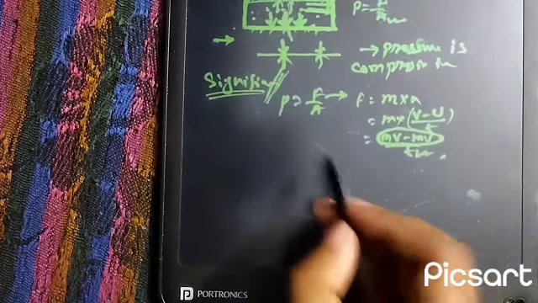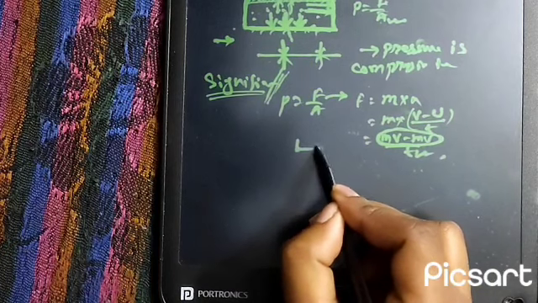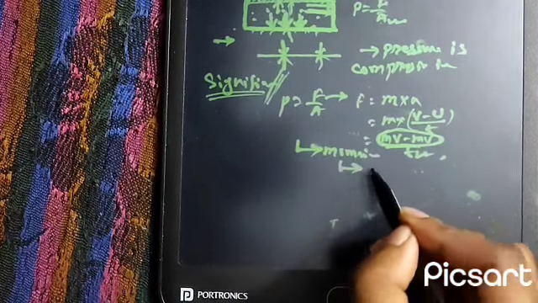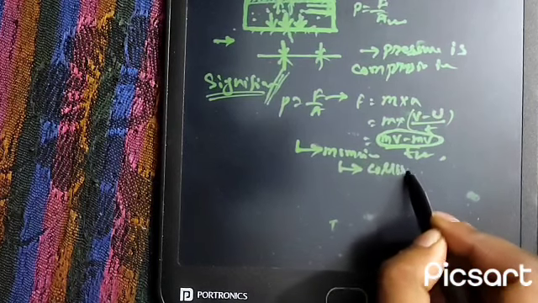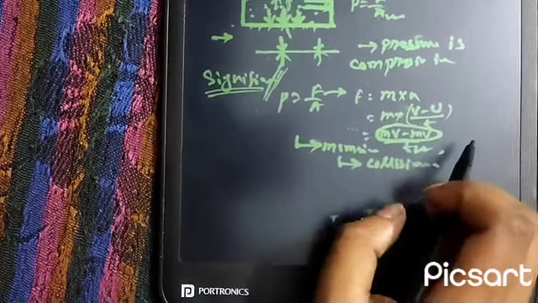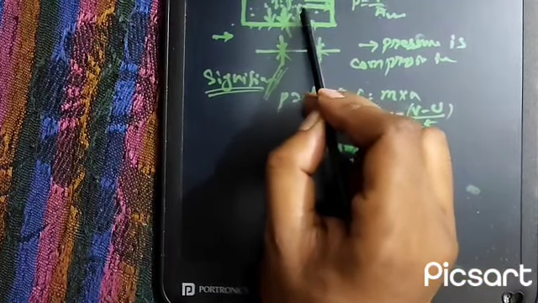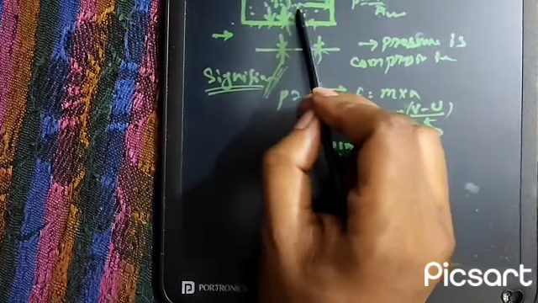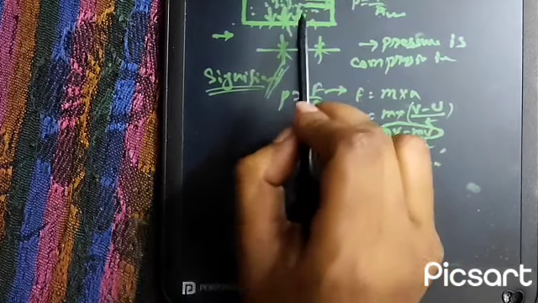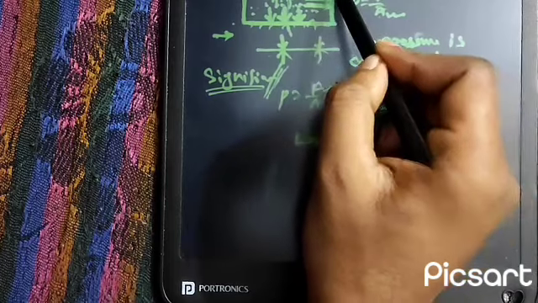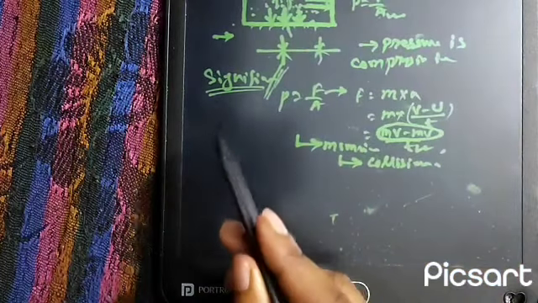Whenever momentum comes into the picture, it tells about collision. In water, the molecules collide with each other, and pressure is exerted on the surface of the container.